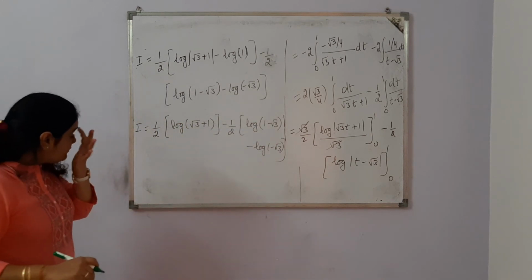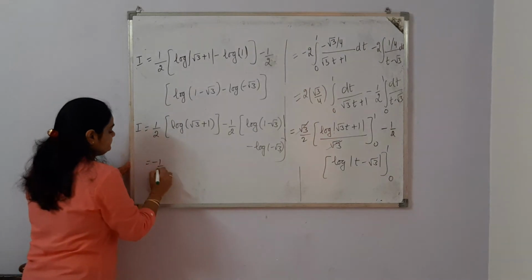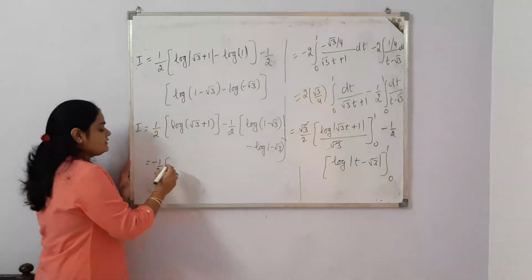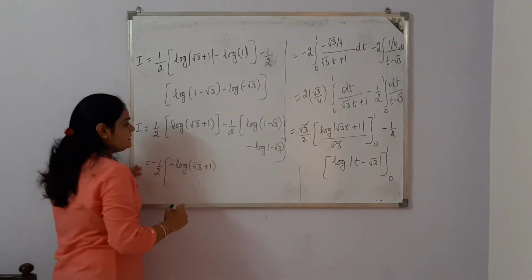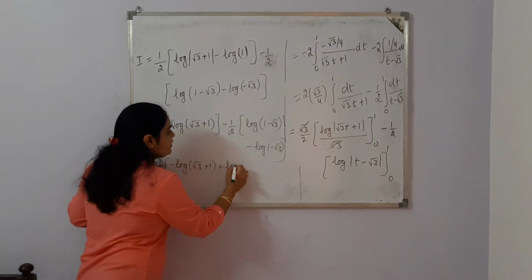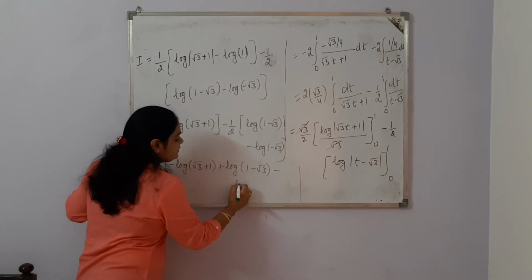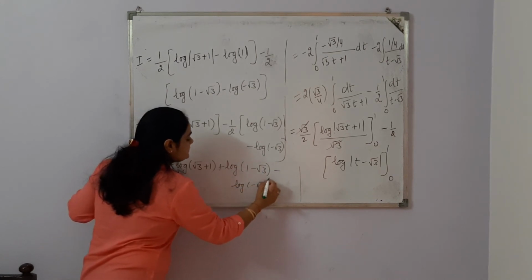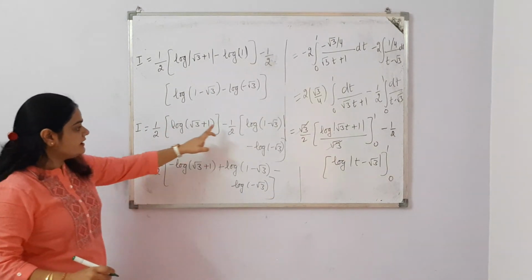Can I take 1 by 2 as common, or minus 1 by 2 as common? After taking minus 1 by 2 as common, I'll get minus log of root 3 plus 1 plus log of 1 minus root 3 minus log of minus root 3, because after taking the negative sign, negative becomes positive.